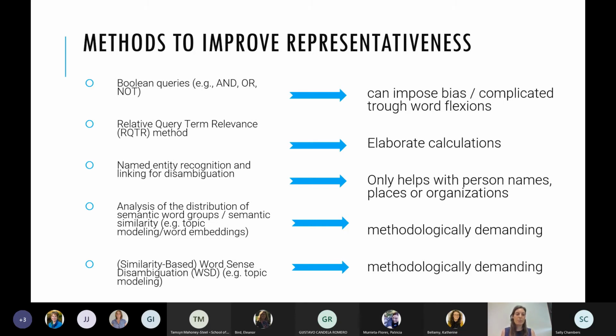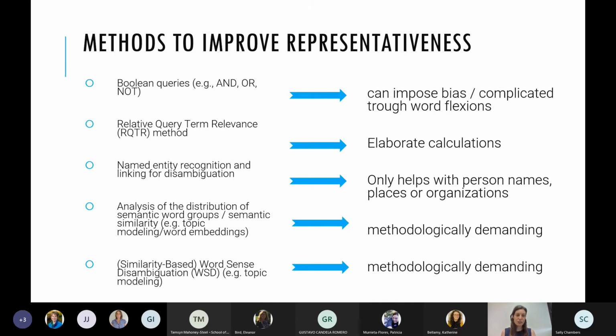For example, word embedding can be used to find words that are semantically similar to a given word. I could try to find words semantically similar to migration, and then I would find quite a lot of words maybe I did not even think of, and this could help the search of keywords a lot.